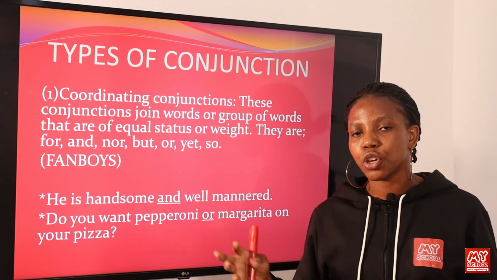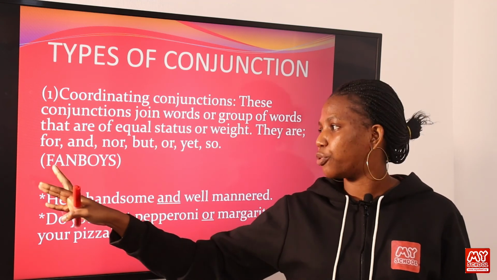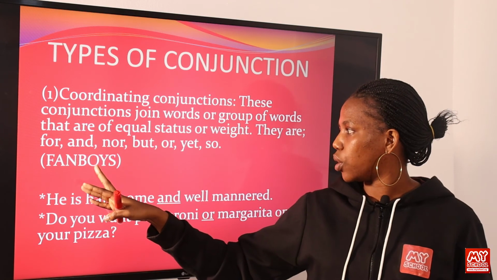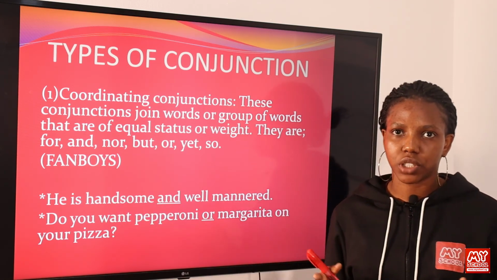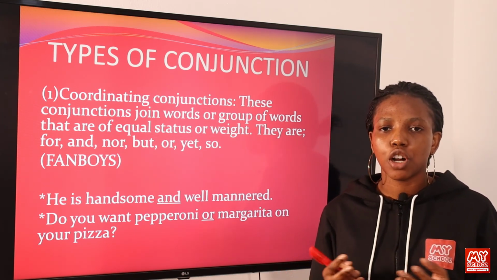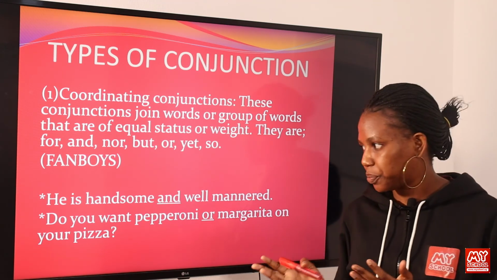And in English, we can use the acronym FANBOYS: for, and, nor, but, or, yet, so. These are all examples of coordinating conjunctions. Do not forget that these words are used to join a group of words that have similar status. Now let's take a look at this example.